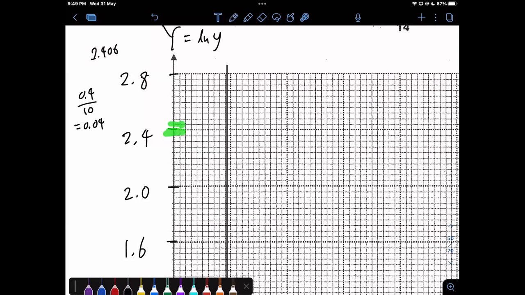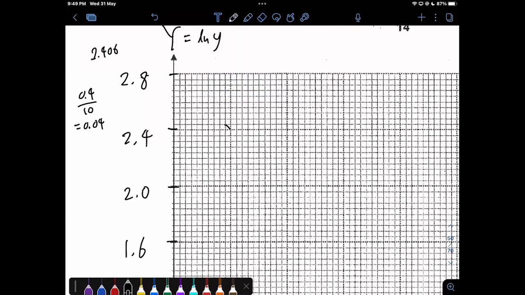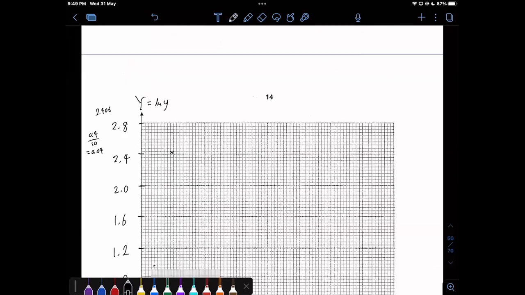The next tiny box will be 2.44. 2.406 is definitely closer to 2.4, but let's just take it to be in the middle. So the point you should plot will be somewhere here. The intersection. Like this. Can you see? Okay, so let's just plot a point there. Okay, good. Next. Move on now.